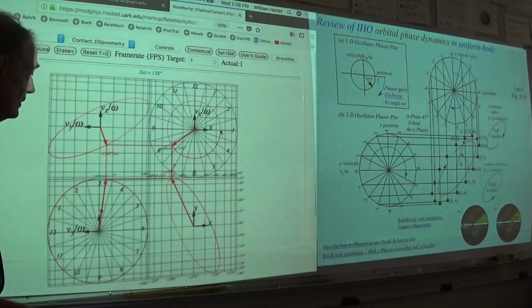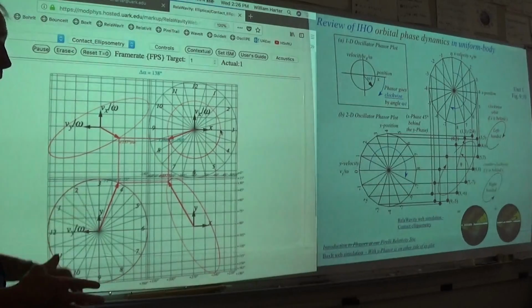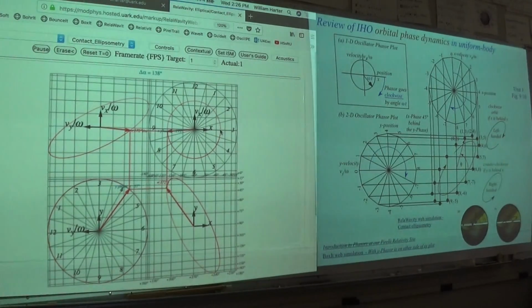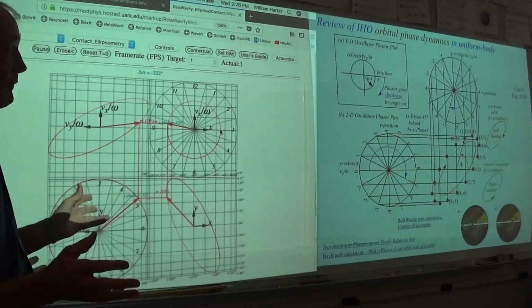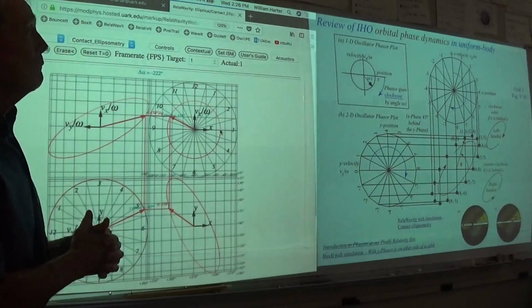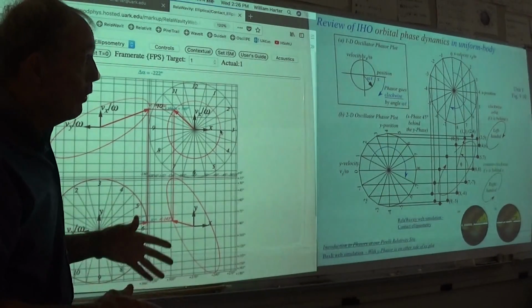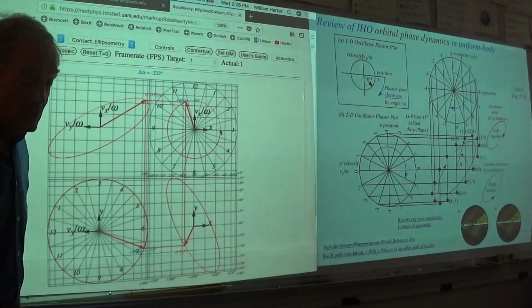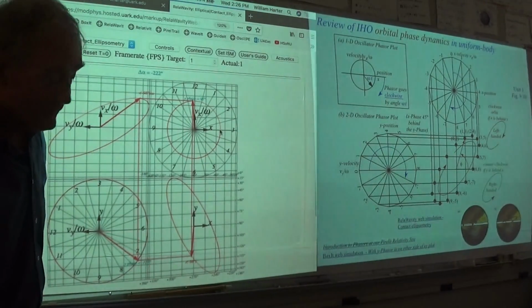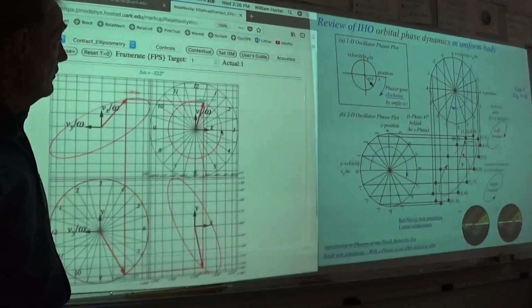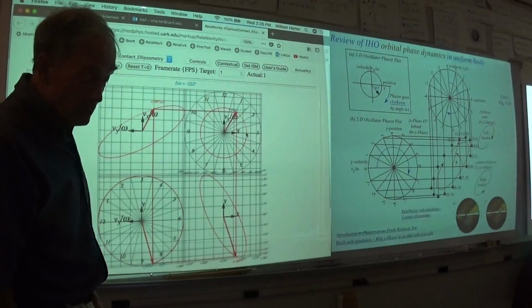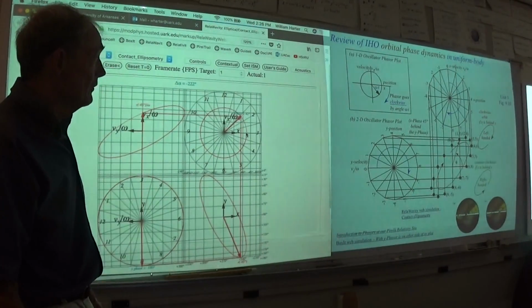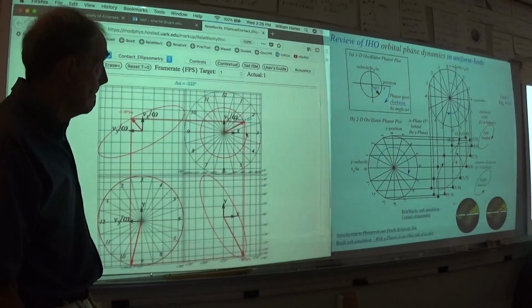But just to get you used to, this is the most general construction for using phasors for a two-mass oscillating system or a two-degree of freedom or two-level quantum system. And that's something we're really going to emphasize in Unit 4. But you might as well see it now because it's very simple.